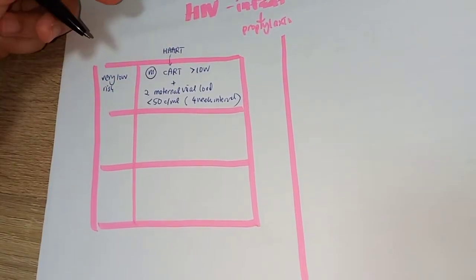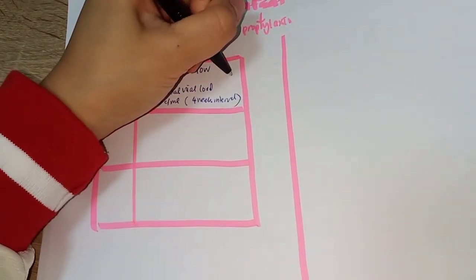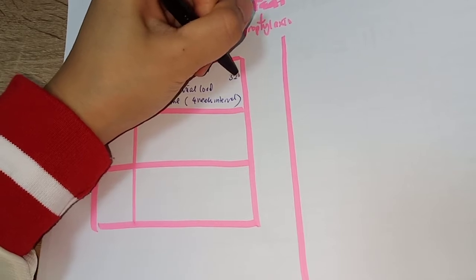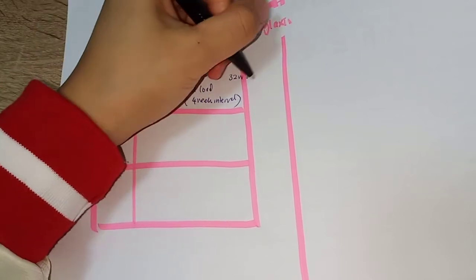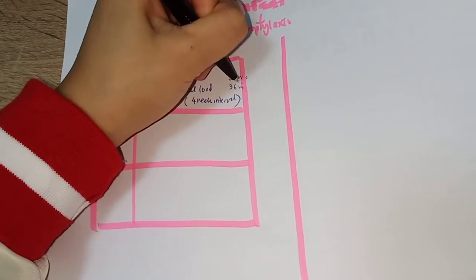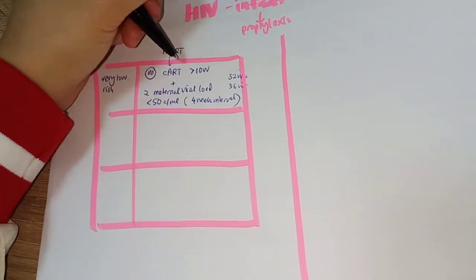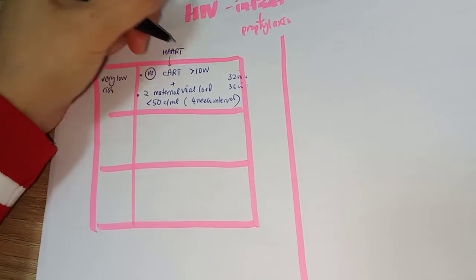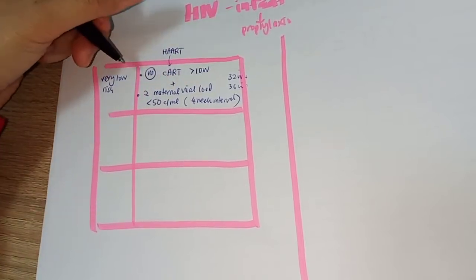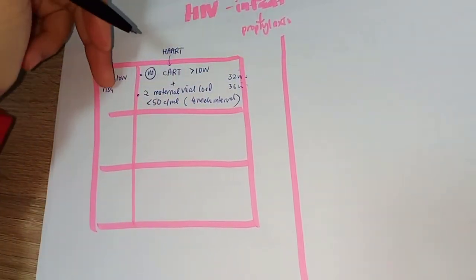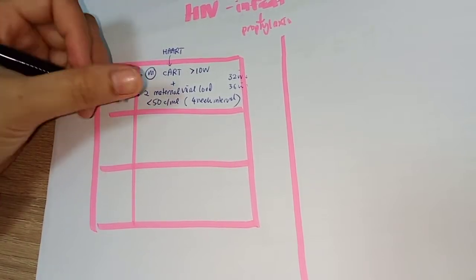So for example, at 32 weeks the mother had copies less than 50, and at 36 weeks repeated again less than 50, and the mother on HAART for more than 10 weeks, then the infant will become a very low risk.